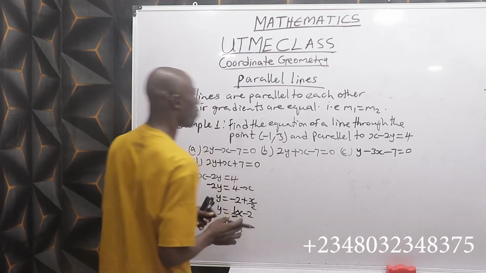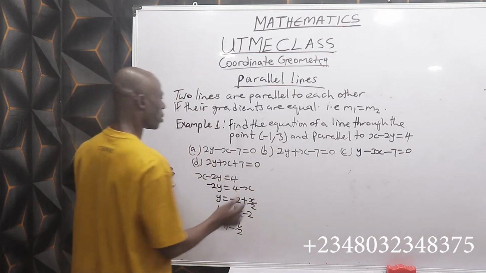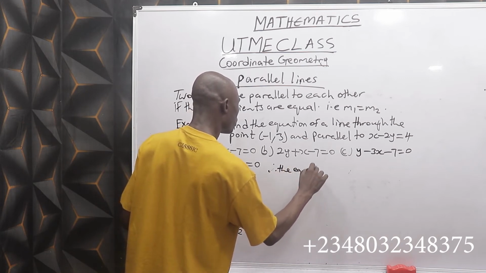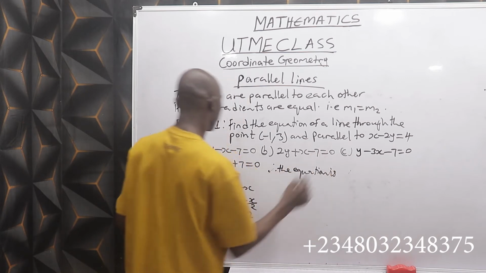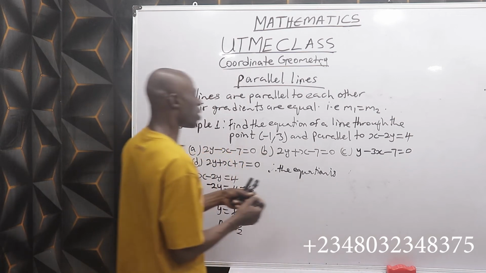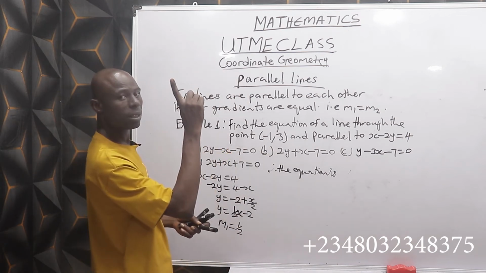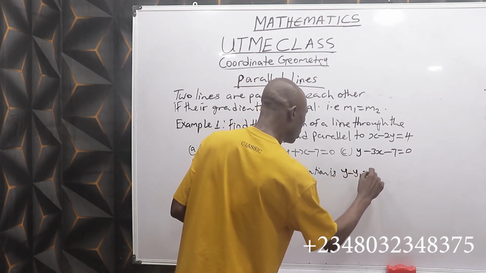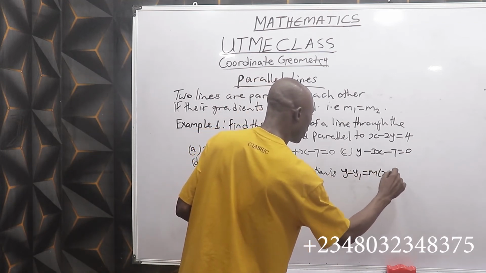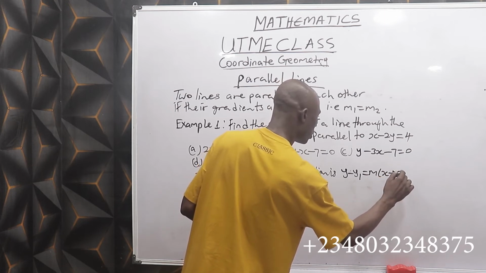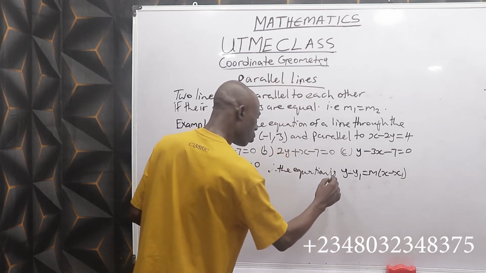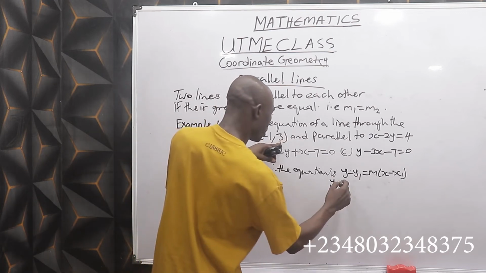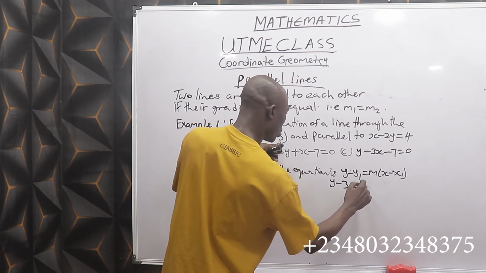Now, let's form our equation. How do we form an equation passing through one point? We write y minus y1 equals m into x minus x1. So y minus, what is our y1? It is 3, equals m.